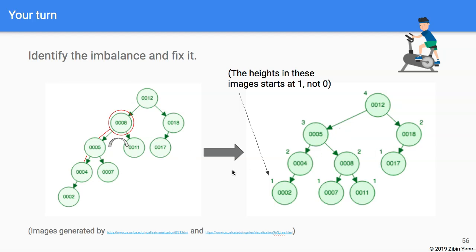They are generated by a data structure and algorithm visualization tool. I have links to two of these tools. I think the first one is for binary search tree. The second one is for AVL tree. And they have a bunch of visualizations for other data structures and algorithms as well. They are useful study aids.